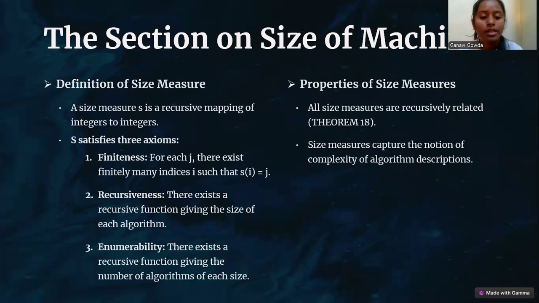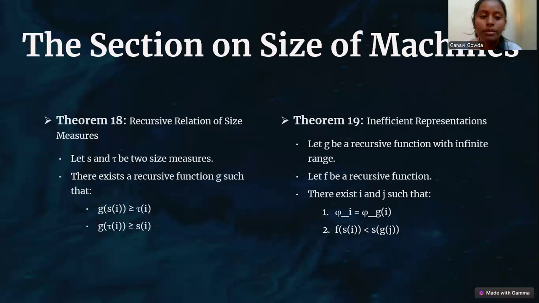Recursiveness: there exists a recursive function that gives the size of each algorithm. Enumerability: there exists a recursive function that gives the number of algorithms of each size. Properties of size measures: all size measures are recursively related, by Theorem 18. The size measures capture the notions of complexity of the algorithms that are described.